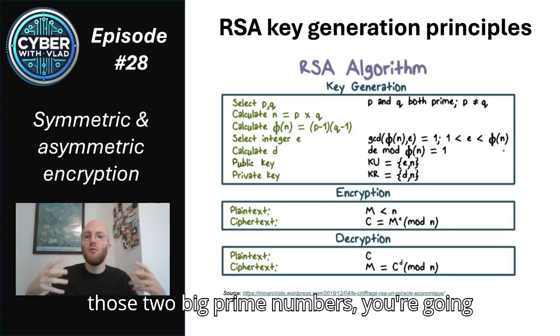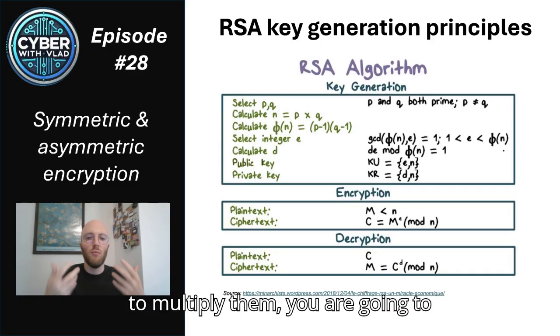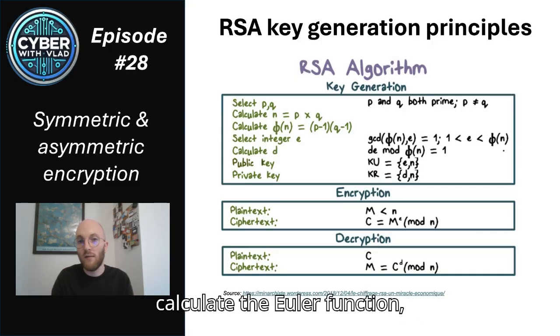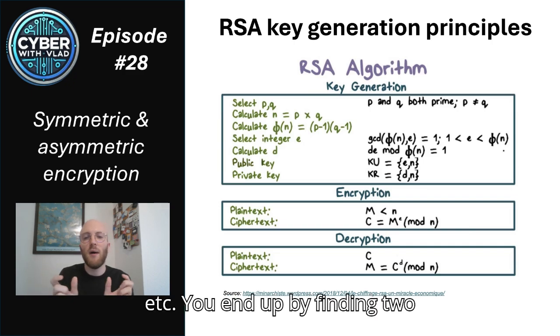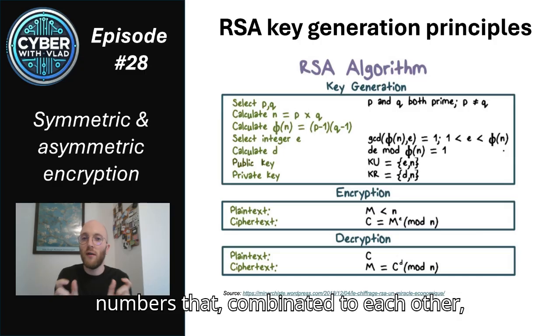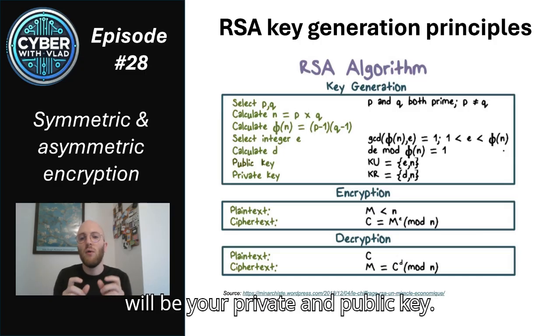You find those two big prime numbers, you multiply them, you calculate the Euler function, which is the phi of n, and so on. You end up finding two numbers that combined with each other will be your private and public key.